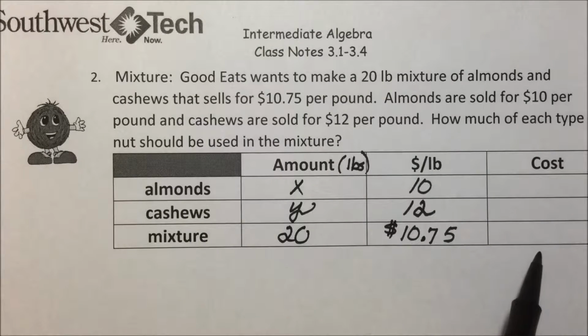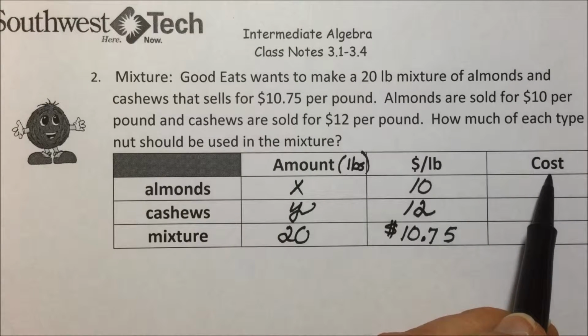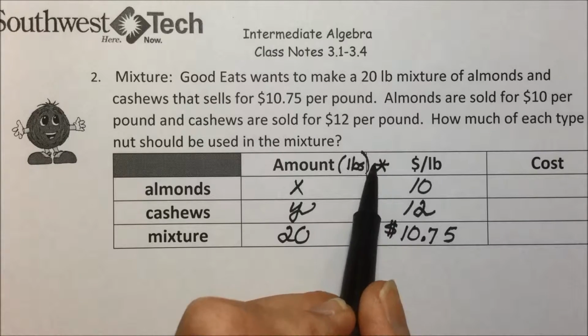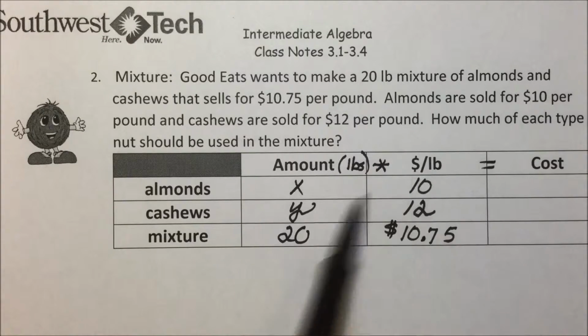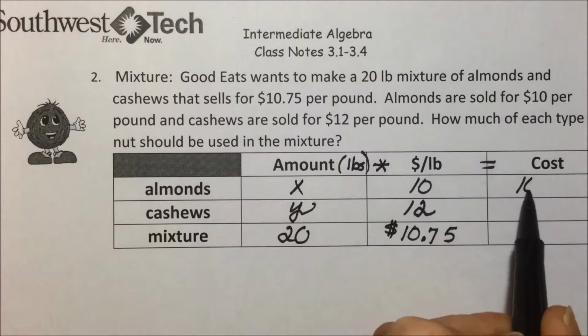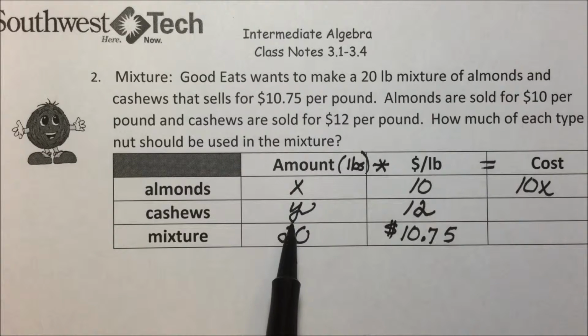To fill in this final column, which is cost, we will take the amount times the price per pound to give us the cost. So x, the unknown amount of almonds, at $10 a pound would cost 10x.